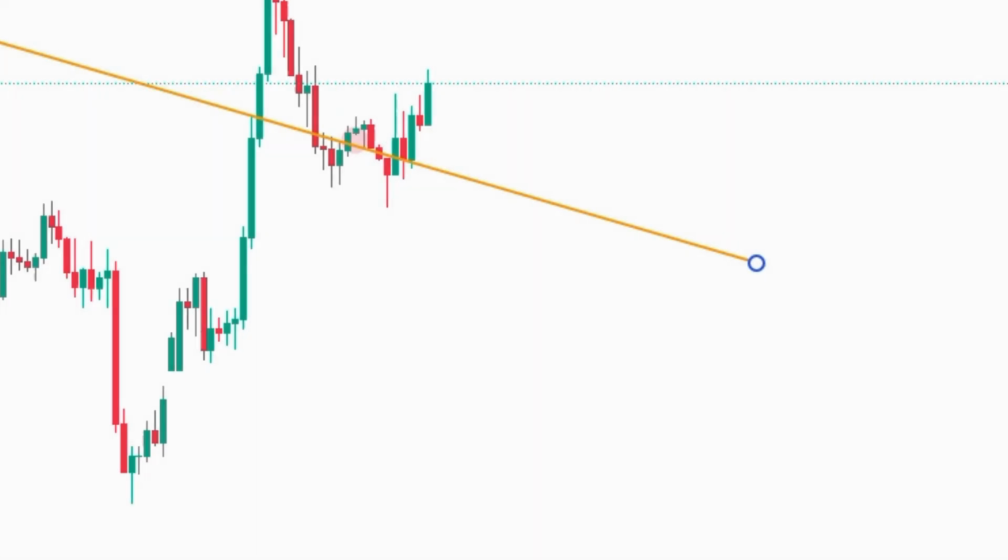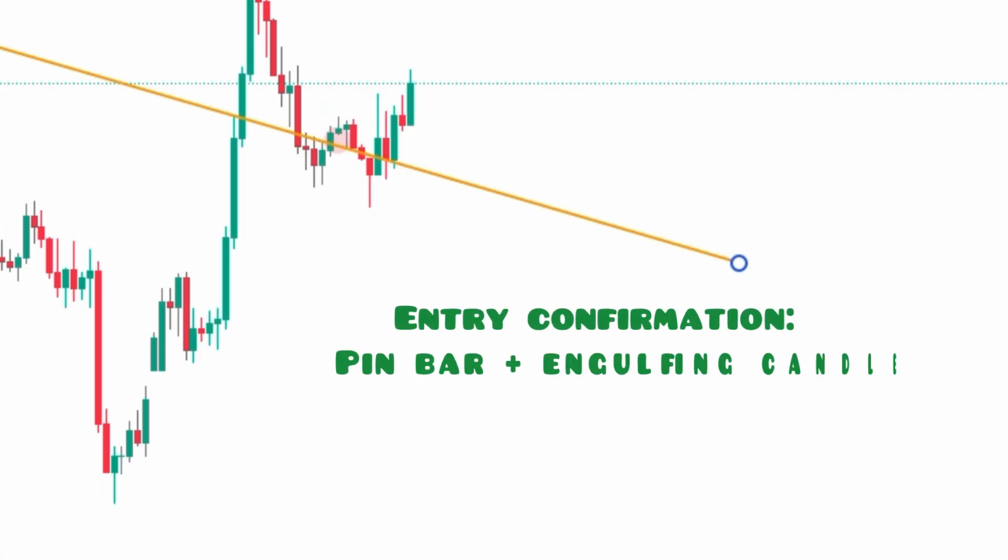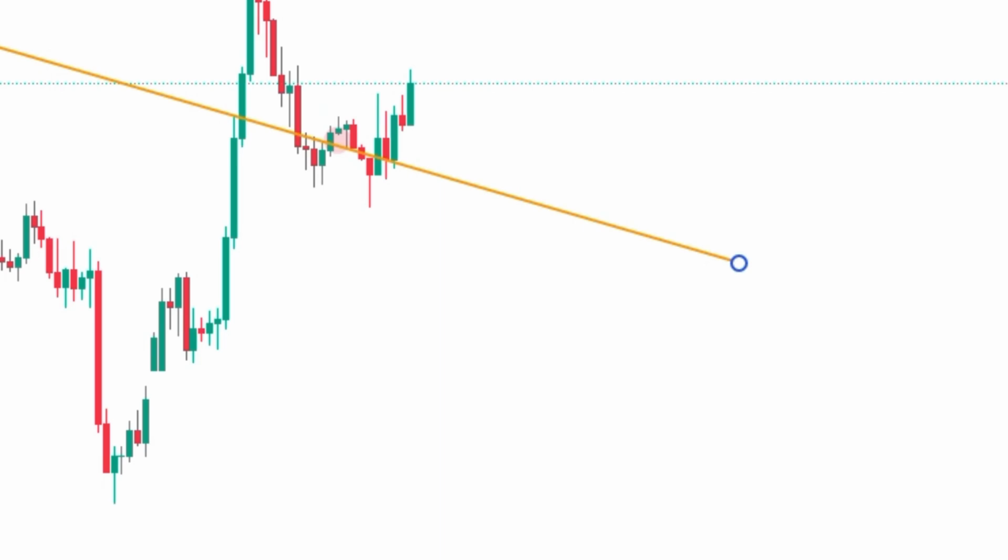So with step 3, you must identify your entry confirmation candles, right? So you wait for that break and retest. Once you get that, your entry trigger is literally the wick rejection and the engulfing candles, and ideally you want to see a pin bar, which you're getting here as well, right? So this is your entry trigger.